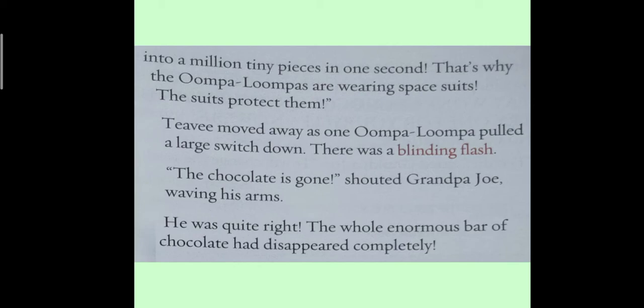He warned him that if he stands so close to the camera, the rays which come out of it will break you up into a million tiny pieces in 1 second. That's why the Oompa Loompas are wearing space suits. The space suits protect them.